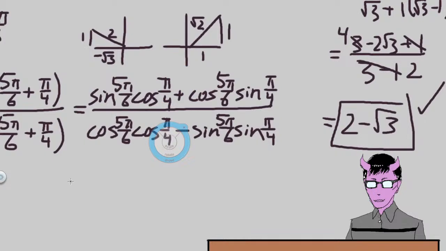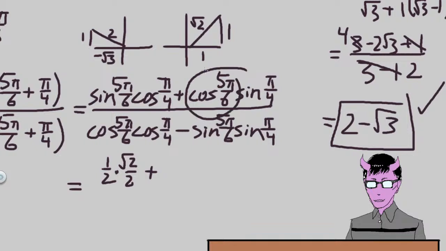And now for the evaluations, we have sine, which is 1 over 2. Which is root 2 over 2. Copy paste the plus. Let me get rid of this graphical glitch. There, it's gone. And cosine of 5 pi over 6 is going to be negative root 3 over 2.